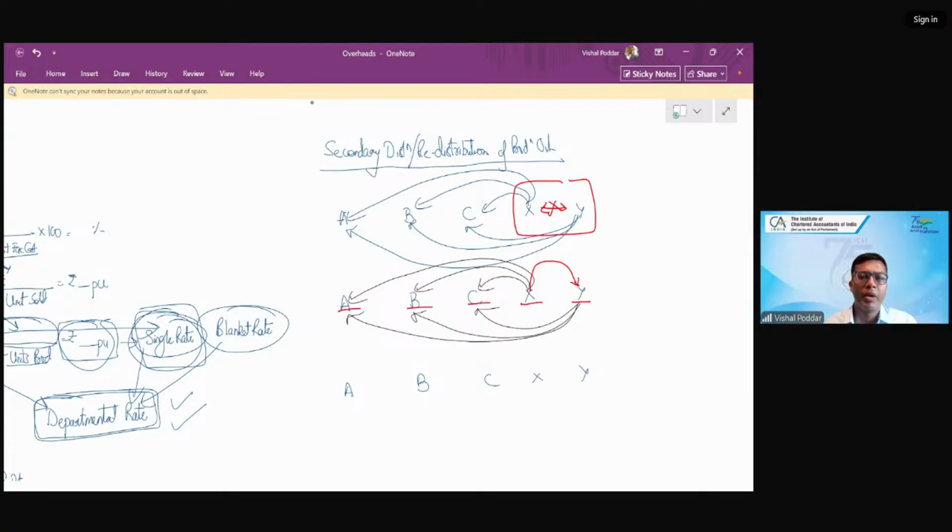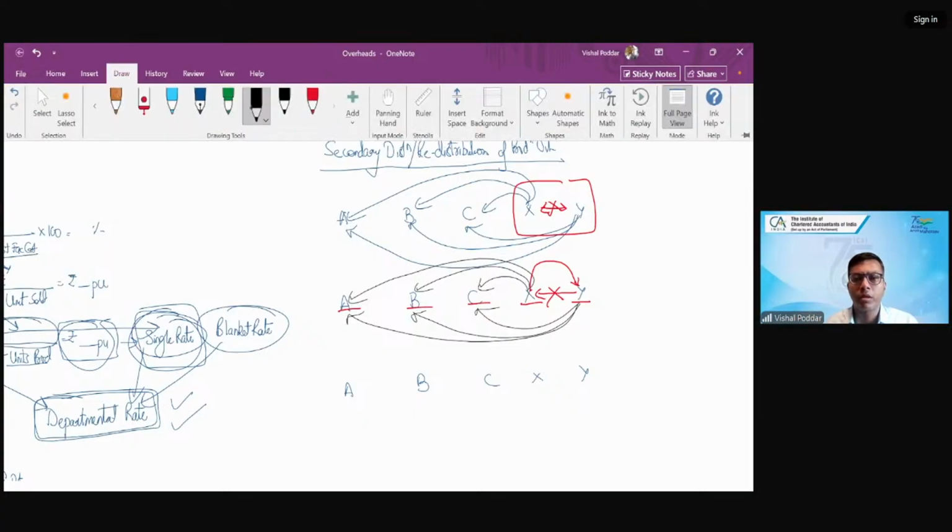But maintenance is not required for stores because stores does not have any machine which requires maintenance. So there is no provision of service by Y to X. So this is your second case scenario where one of the service departments is providing service to the other, but the other one is not providing to the first one.